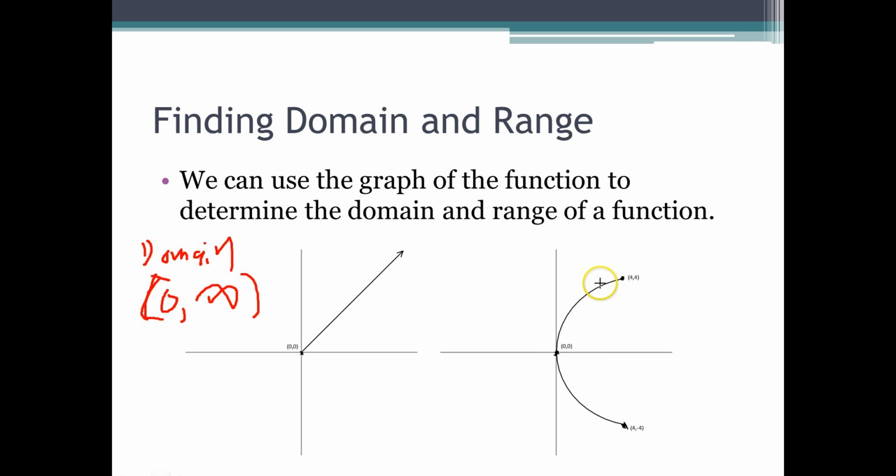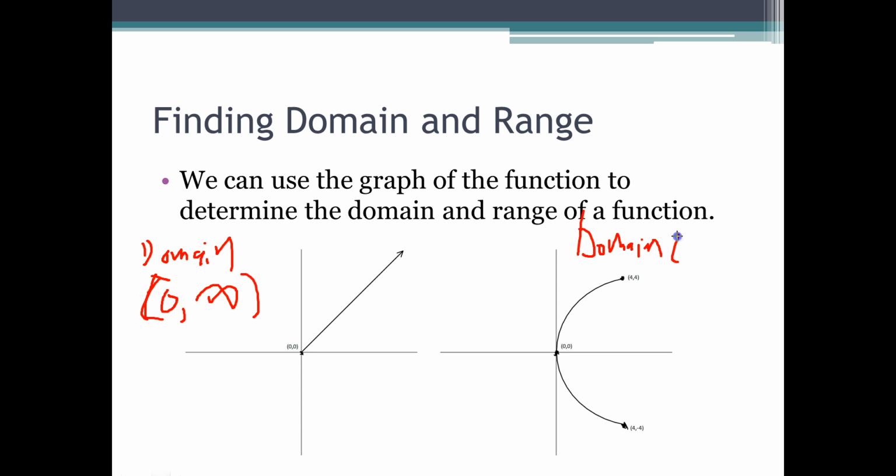This graph right here is a little trickier. Instead of going on to infinity, there are set endpoints here. So let's do the domain first. The domain is, again, the set of all independent variables, and we know that the smallest independent variable we have right here is 0. This is the smallest one, and then the biggest one we have is 4. These 2 points on the right, they all have the same x value.